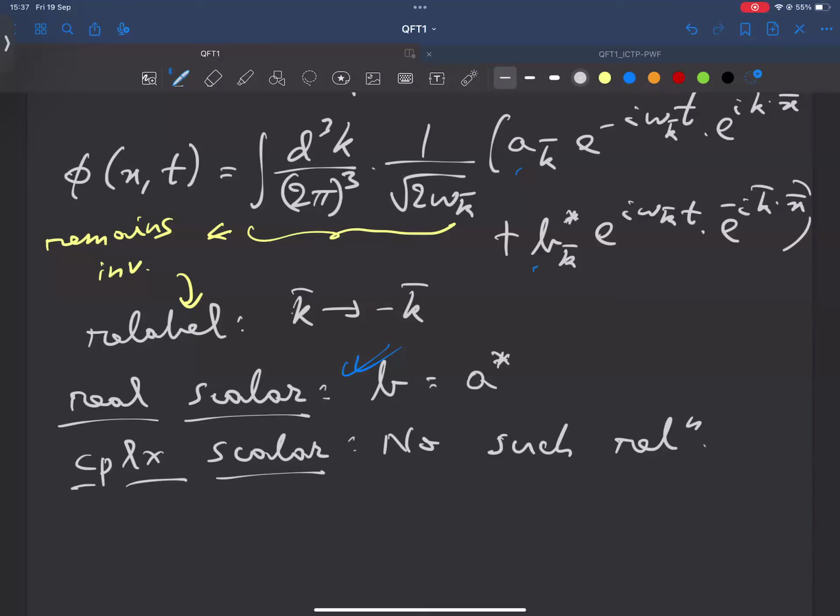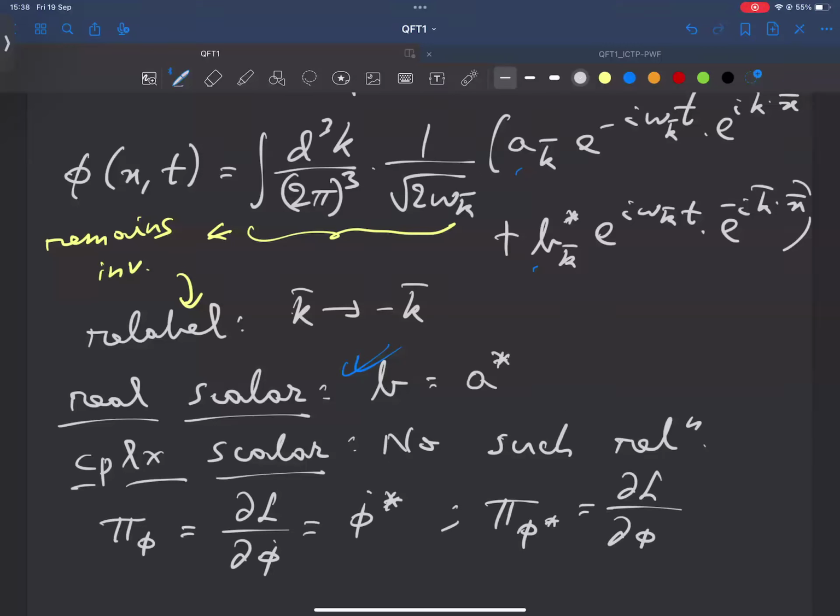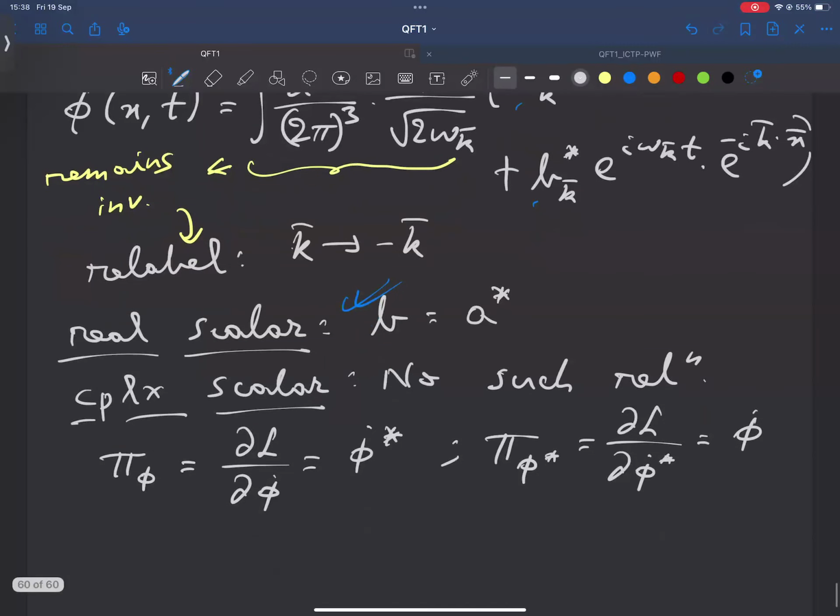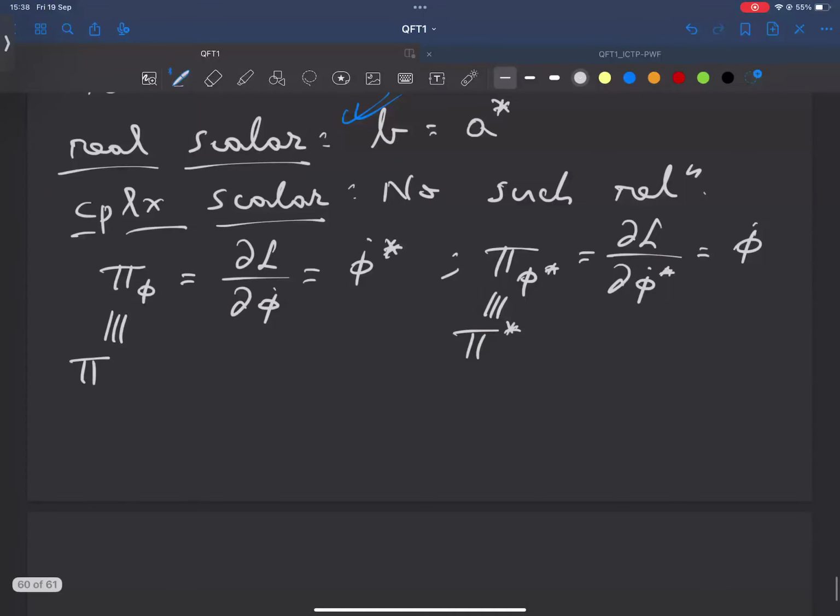Okay, that's true. Now let's define the canonical momenta. The momentum of phi is del L by del phi dot, and this is going to be this, and pi star is del L by del phi dot star, which is phi dot, okay? And let me call this quantity pi and this quantity pi star, for simplicity, because this is the canonical conjugate of phi, this is the canonical conjugate of phi star, hence the notation, okay?